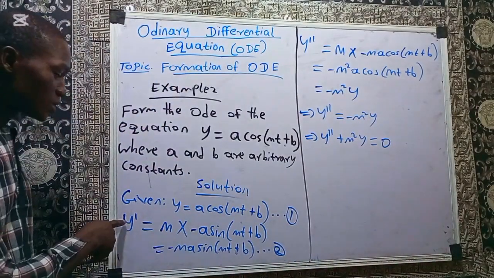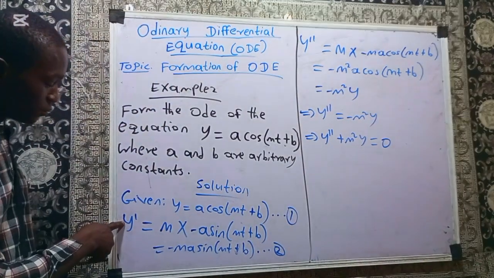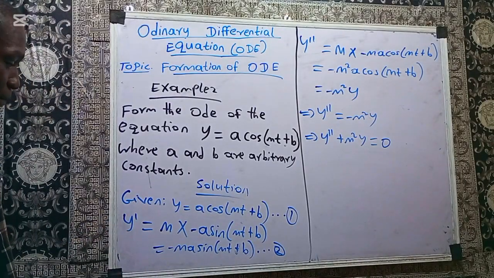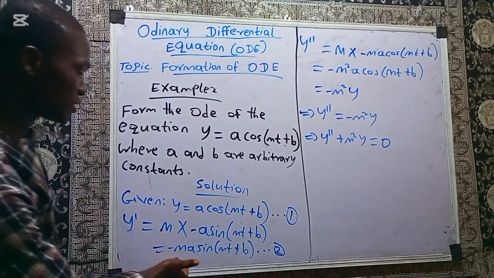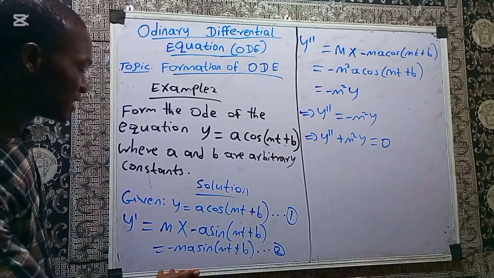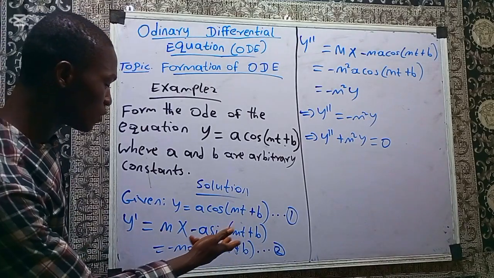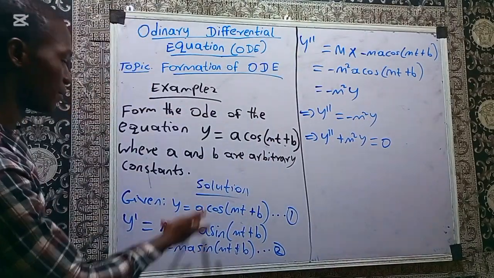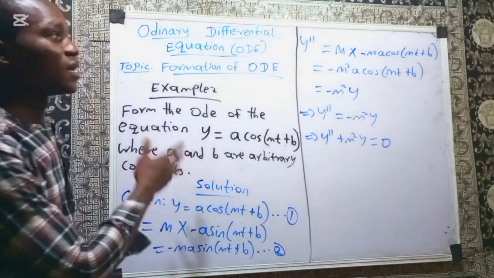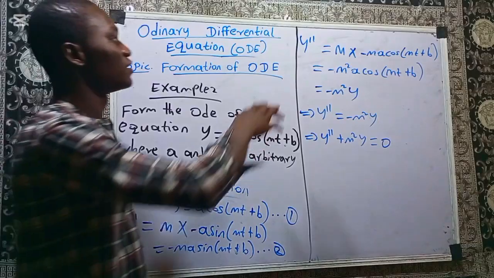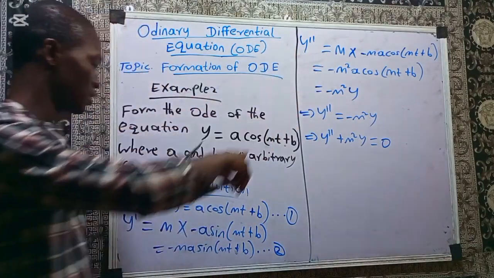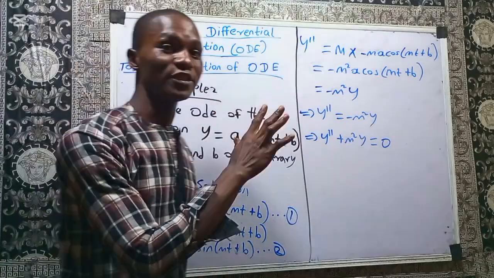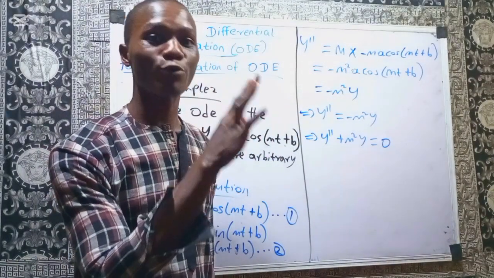Remember, we did not consider y prime, because we noticed there is no relationship between y prime and y prime prime, or y prime and y. Apart from that, this y prime prime and the y we related together has given us the required ODE we are looking for.